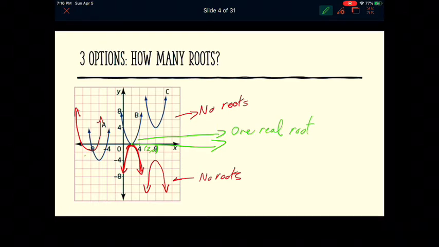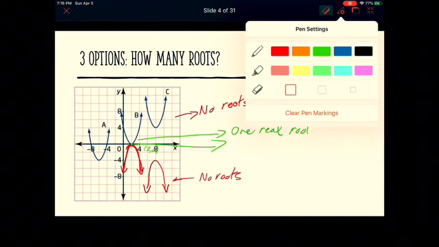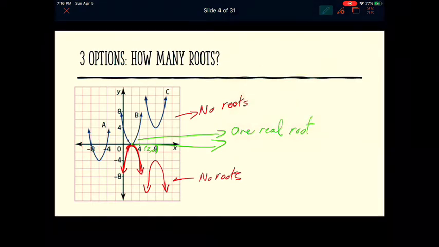Whereas these two, well, that was silly. Erase that one. I wanted to show one that opens down. These two examples have 2 real roots. So they each touch the x-axis twice.